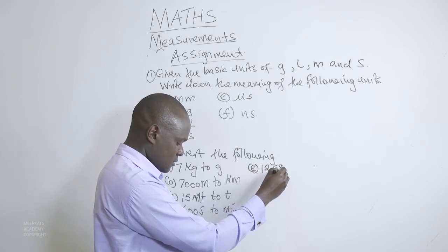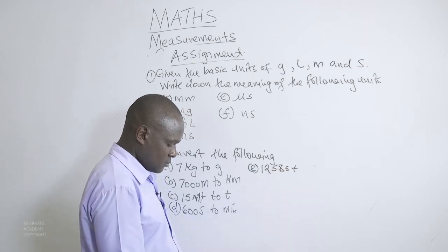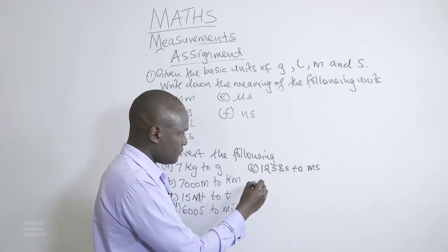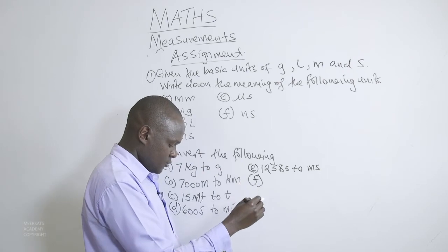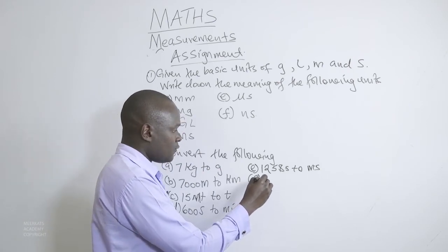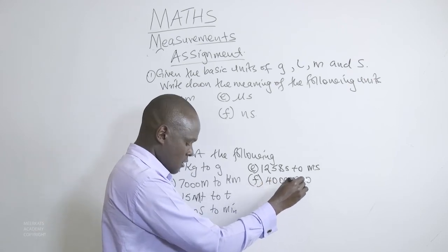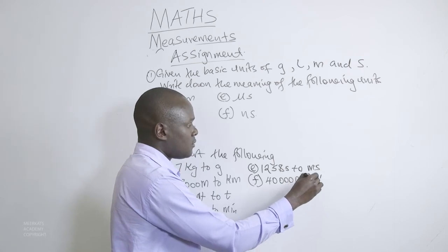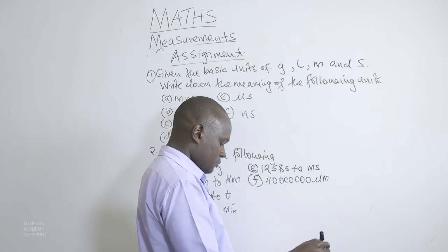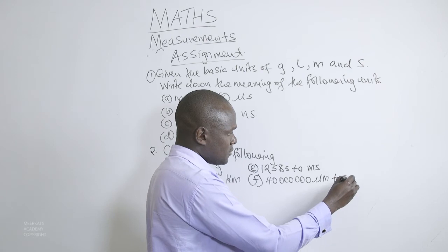E, 1,258 seconds to milliseconds. You are also supposed to convert 40 million micrometers to centimeters.